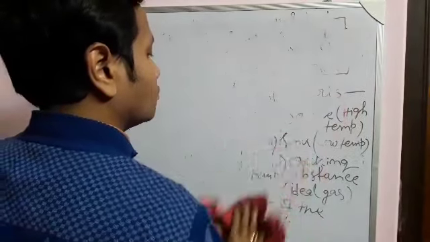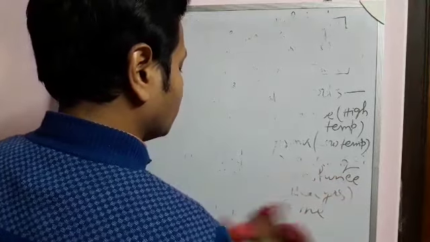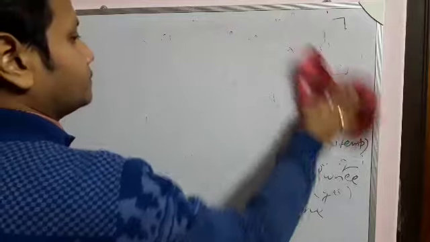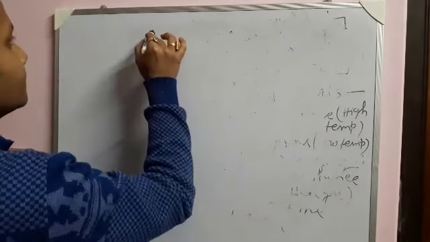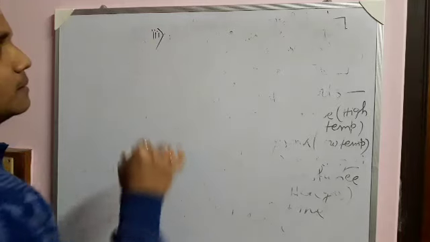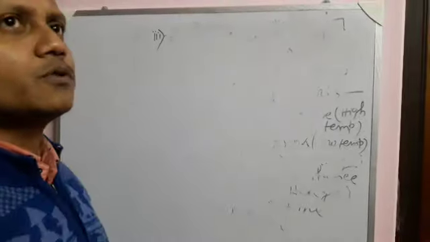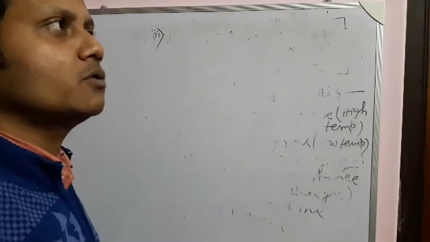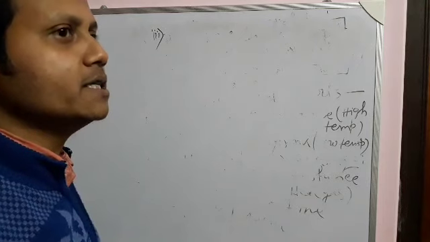So these are the two main properties of the Carnot engine. Another property that I am going to tell you is the third property: the concept of the Carnot engine is purely theoretical, because we cannot construct a perfect engine.